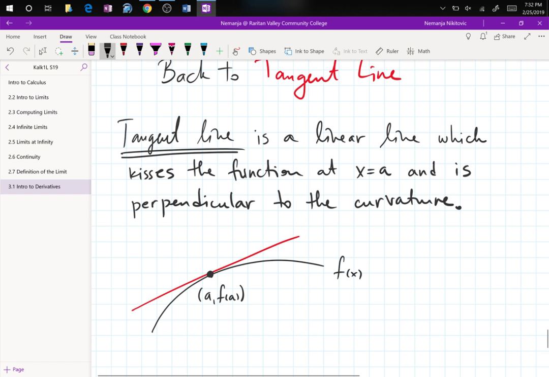Now, what is the meaning of perpendicular to the curvature? Well, when you have any type of curve, any portion of that curve, you can find a circle that will perfectly fit for just a little bit of the curve.